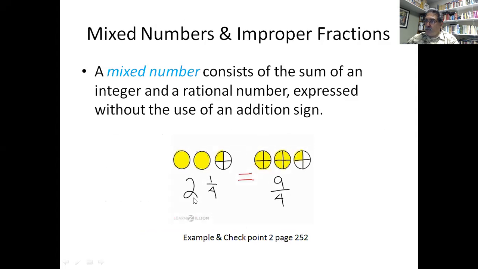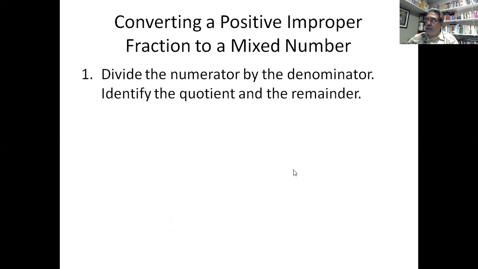For example, 2 and 1/4. You take the 4 times 2, 8, plus 1, you get 9/4. Same thing.